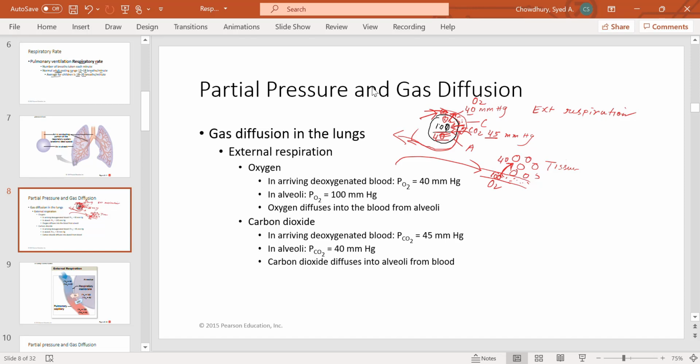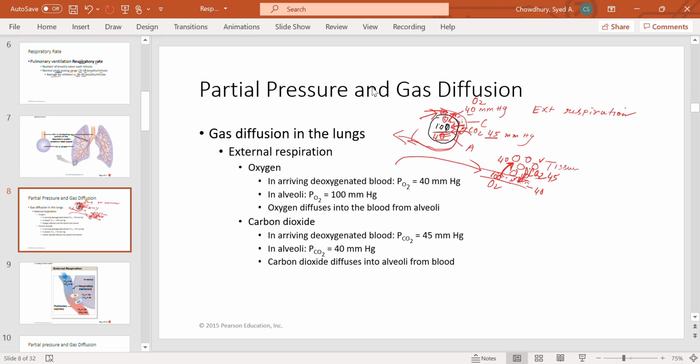So O2 will get out from the blood to enter into the tissue, and you already know that CO2 moves in the opposite direction. So from the tissue, CO2 will enter into the blood, and here CO2 pressure is 45, in the blood 40. So 5 millimeter pressure difference will move CO2 from the tissue to the blood.